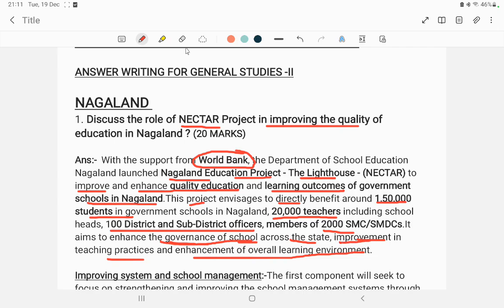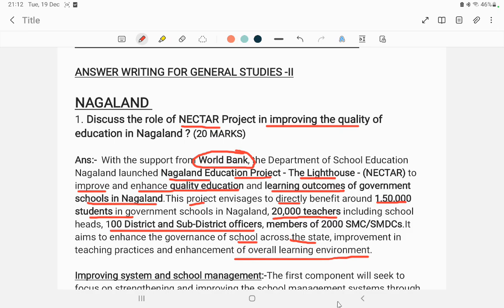The first aim is the governance of schools, that is how schools are governed. Second, improvement in the teaching process to make it dynamic. Next, enhancement of the overall learning environment, meaning how students can absorb information and how to make them understand in a simple way.